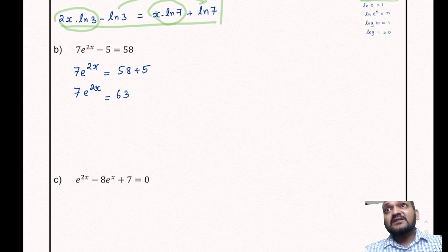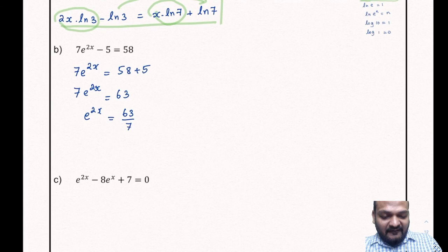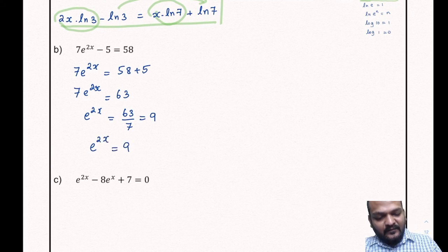If I simplify this as much as we can, I would have e to the 2x equals 63 over 7, which is equal to 9. So now I have the exponential equation e to the 2x is equal to 9. Now we can solve that.